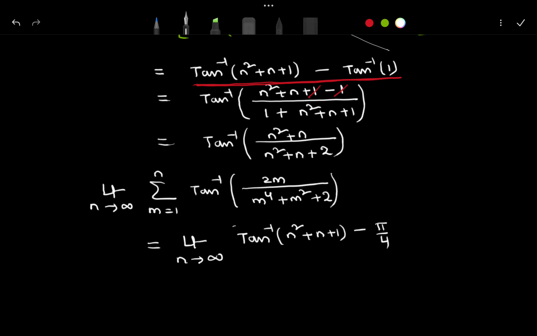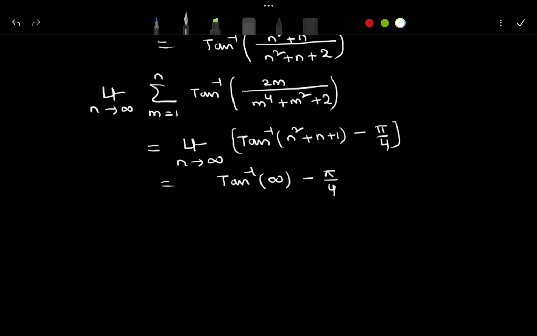So now you substitute n equals infinity. If you write it, tan inverse of infinity minus pi by 4. Okay, so now you know tan inverse of infinity will be pi by 2, minus pi by 4. Pi by 2 minus pi by 4 will be equal to pi by 4. So your right answer for the sum of the infinite terms will be pi by 4.